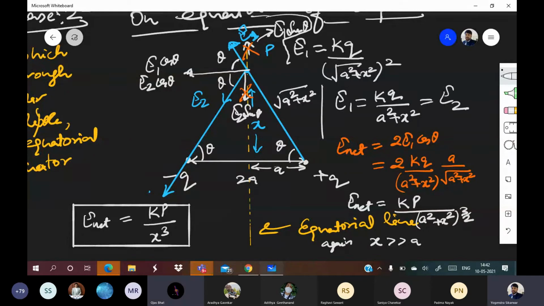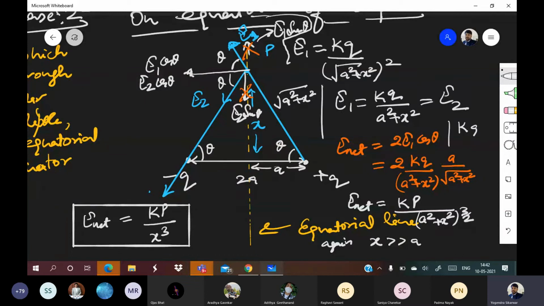Can you explain the second last step? Second last step, that means this, right? Okay. So what you can see is K, Q into 2A. How much is that?